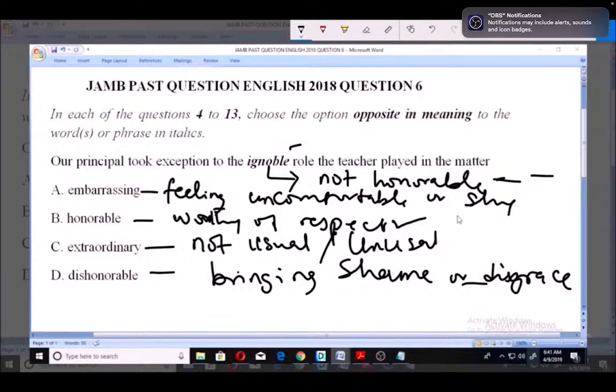Extraordinary doesn't really have much connection with them as to opposite or similar meaning. Feeling uncomfortable or shy can still be related to not honorable. It's still something not worthy of your being comfortable with. So the one that is directly opposite to not honorable is something that is honorable. So that makes option B the most likely answer, and that is the answer we're picking.